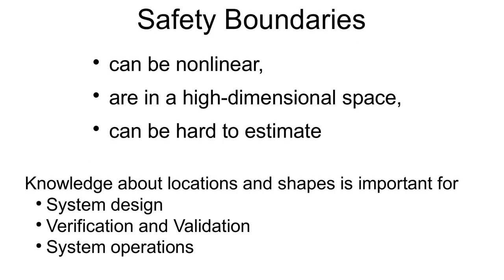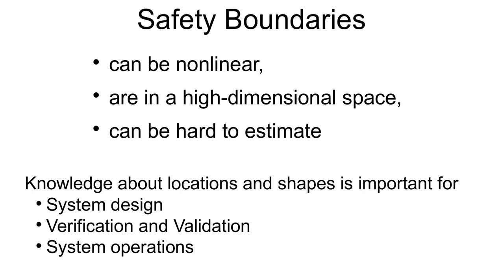So safety boundaries, as we saw in the figure, can be nonlinear, so it's not just a simple linear line or hyperplane. They can be in a very high-dimensional space.